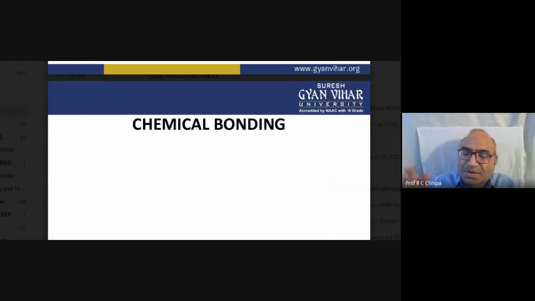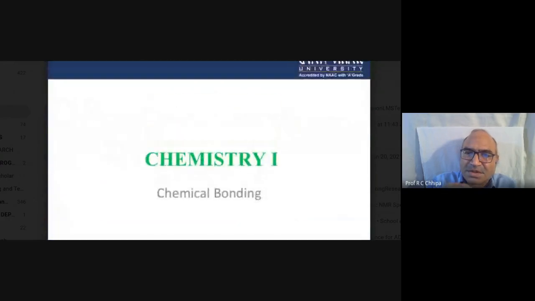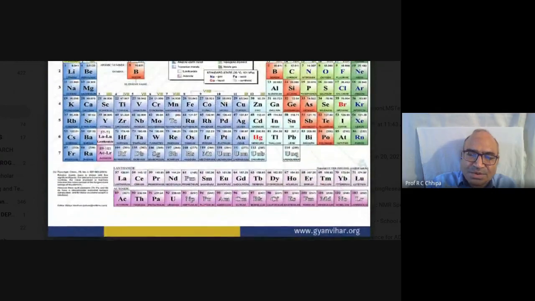One more thing is relevant to the periodic table. This periodic table explains overall which type of bonding will be there. You can see electrovalent elements, electropositive elements on one side, and electronegative elements on the other.